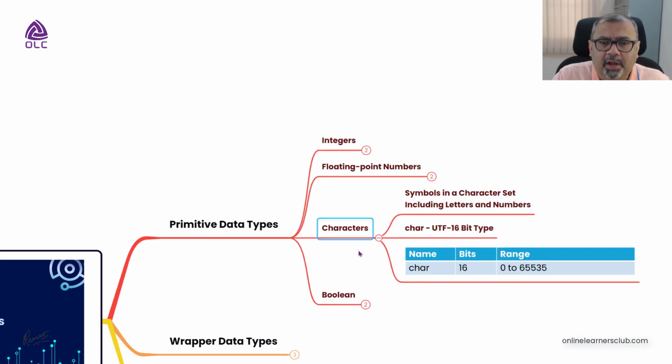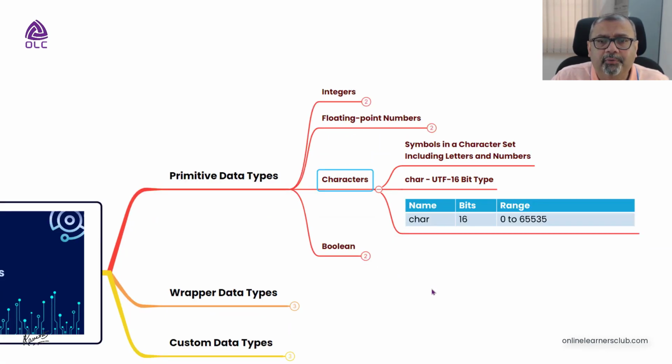And Java also supports the character type, which actually represents a 16-bit UTF type of character. So when you say 16-bit UTF, it represents all the languages as well. So all the symbols are also represented.